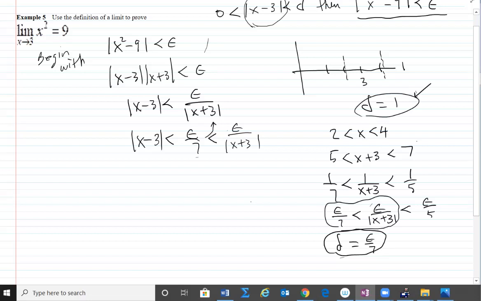So now here's the proof. You have to start off and you can say, I'm going to begin with this. Okay, and I'm going to say to start with 1. This is assuming that the 1 is less than epsilon over 7. So if for some reason somebody chooses an epsilon bigger than 7, then I would choose my delta to be 1. That would imply this.